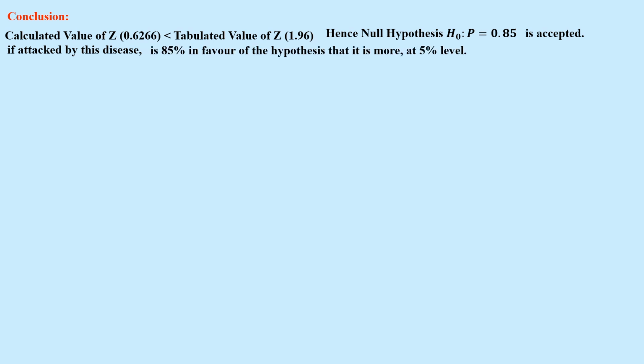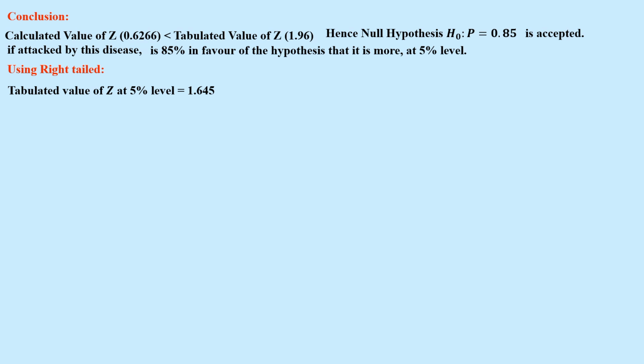Favor of hypothesis, that is more, right? Using right tail we can check for the right tail. So you can use any one of the ideas, right? So I am solving both, the two tail test and the right tail test. You can take any one of these. The calculated value of Z, the test statistic, is the same for both, right?